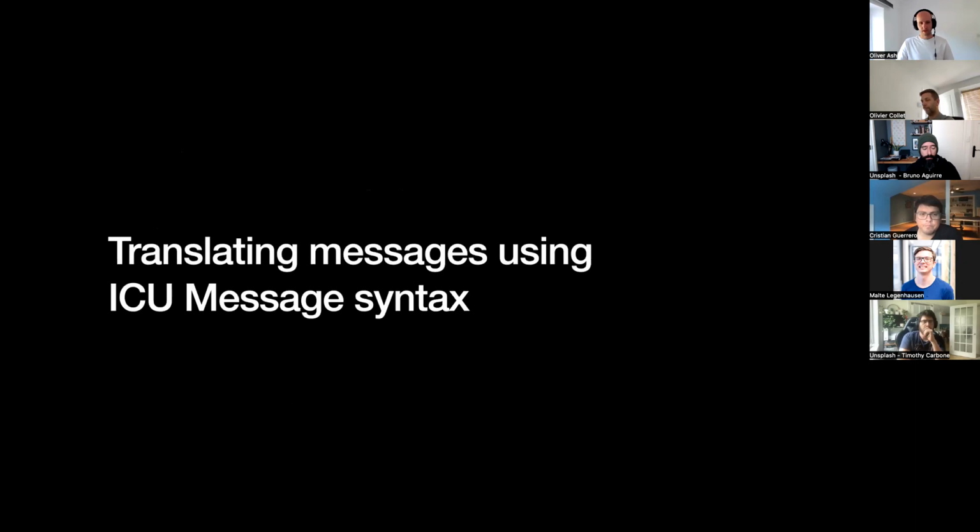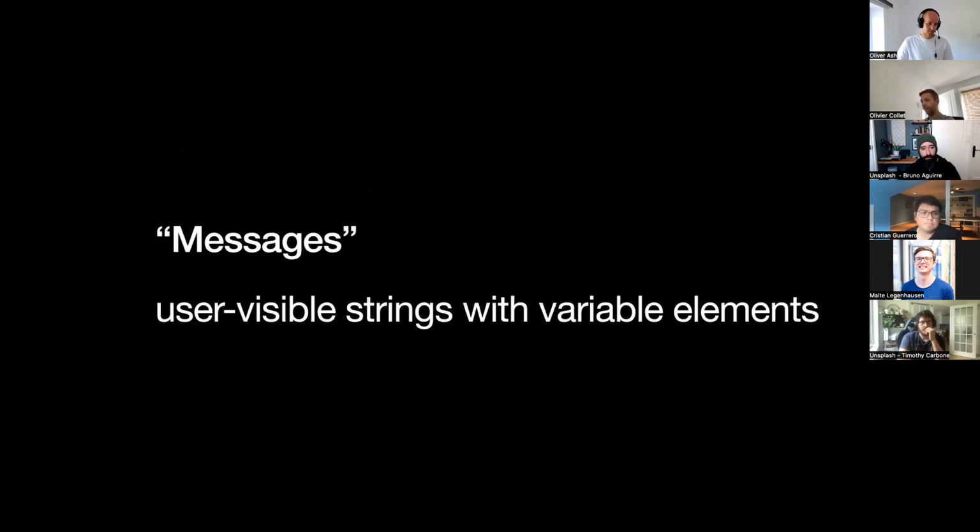So we've looked at how we format data, but we need to translate more than just dates and numbers. We need to translate messages. And with this, ICU provides something called the message syntax. A message is like a user visible string, and it might have variable elements in it.